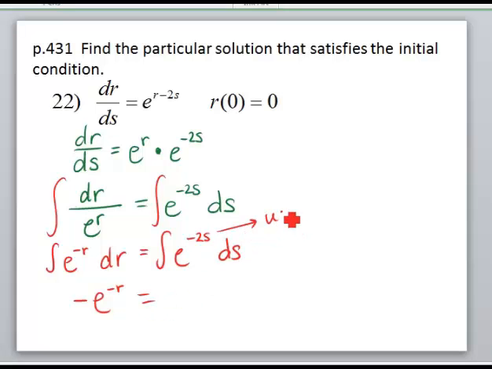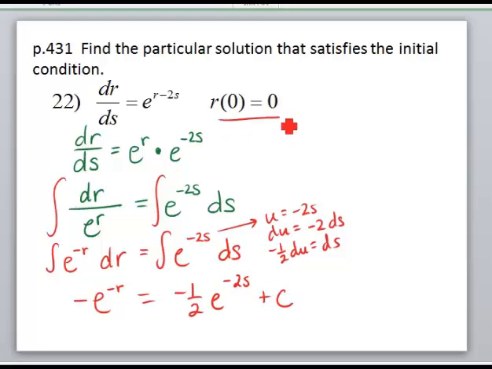This one would place a negative 1/2 out front when you create that u statement. And then you'd have your e to the u.